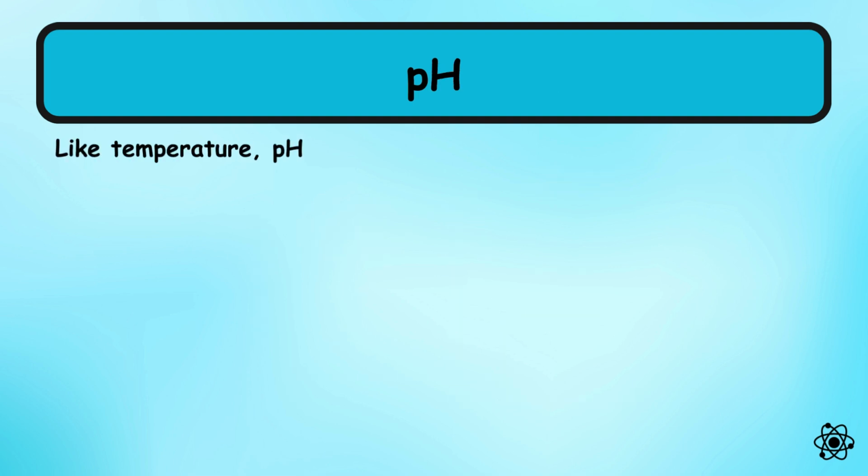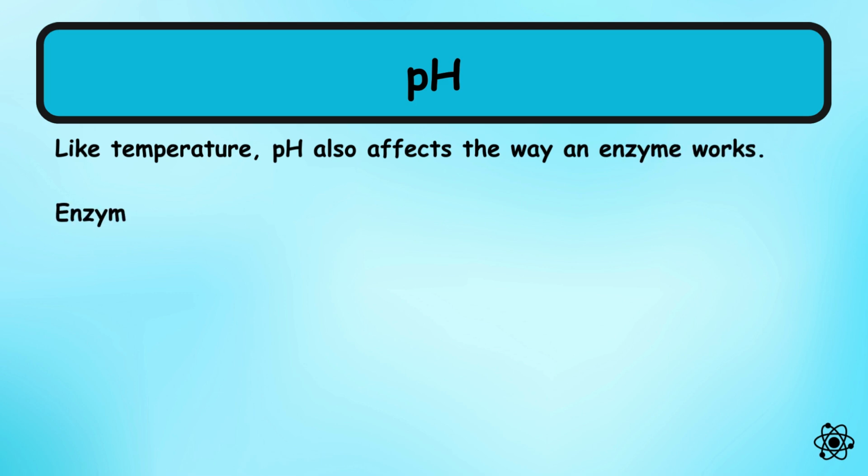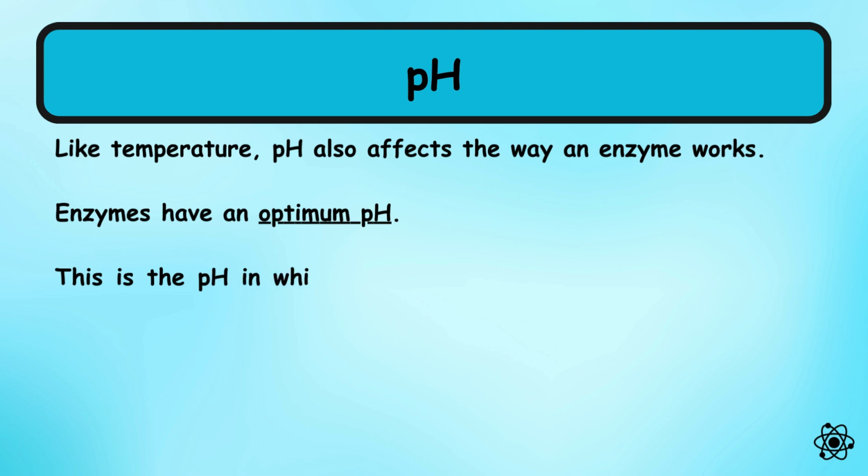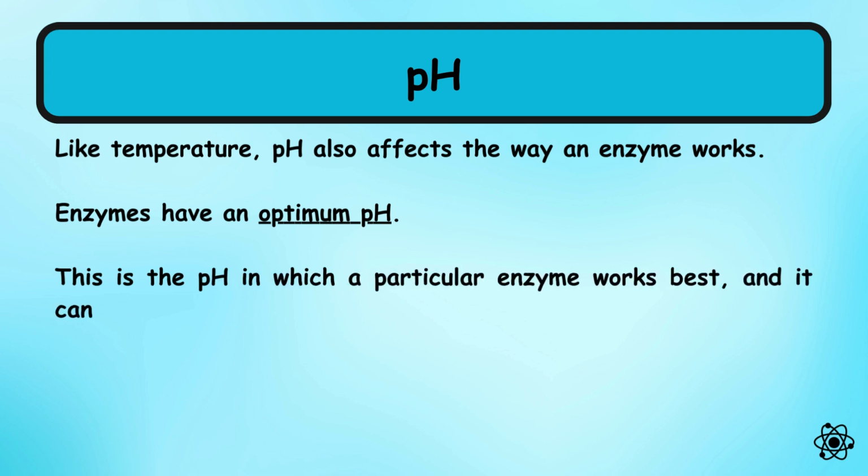pH is the other factor that affects enzyme activity. Enzymes also have an optimum pH, that is, the pH in which an enzyme works best, and different enzymes may have a different optimum pH.